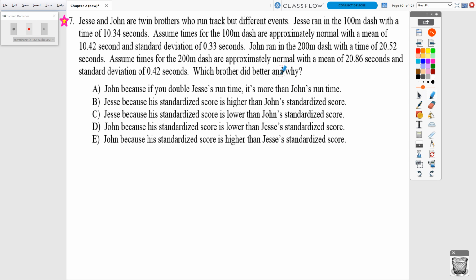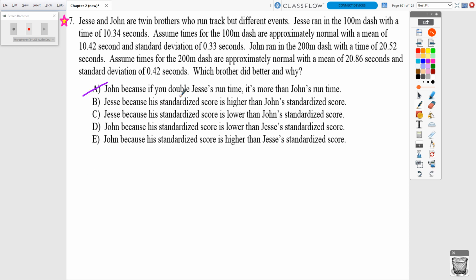Any track athlete would know that you're really just going to flat out sprint on a 100-meter dash. In a 200-meter dash, you're still going to sprint, but you can't sustain that same endurance for twice the distance. So realistically, that can't be the answer here.